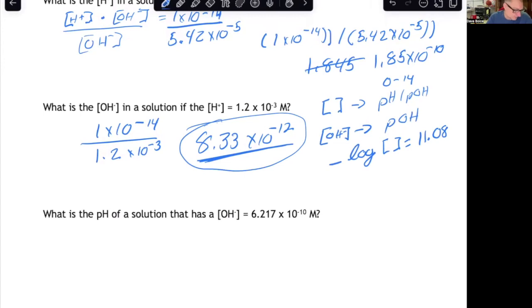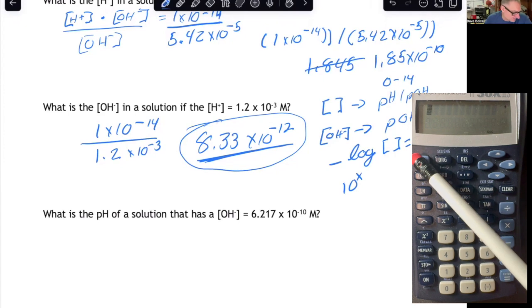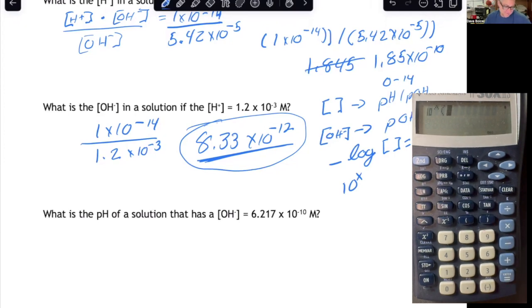So 11.08. Now we take 11.08 as our pOH, and what I want to do is just go right back to a concentration. And what we're going to do there is basically called the anti-log. So I'm just going to hit second log, no parentheses, to the negative pH or pOH, in this case 11.08. So second log, negative 11.08, and see that we get 8.317, etc., times 10 to the negative 12.